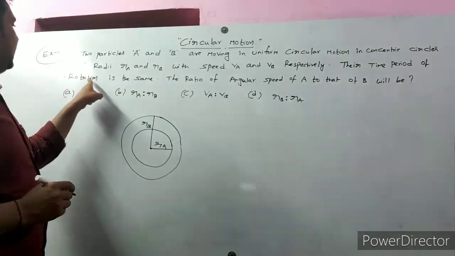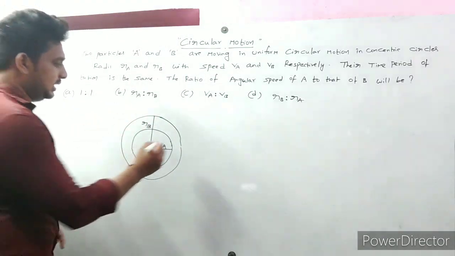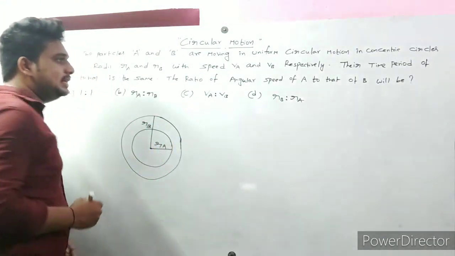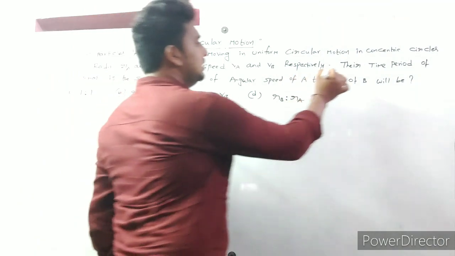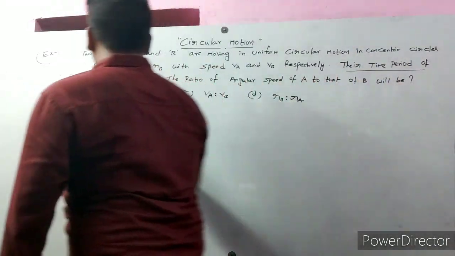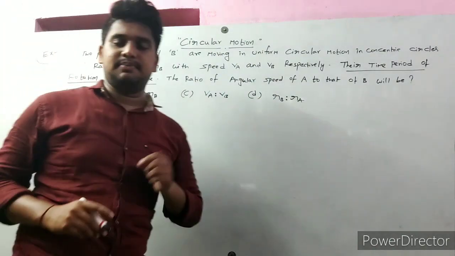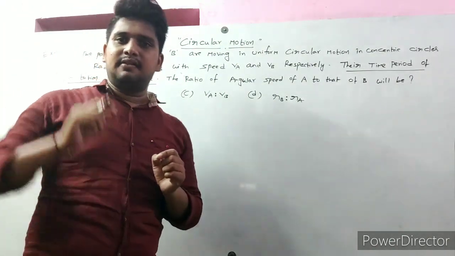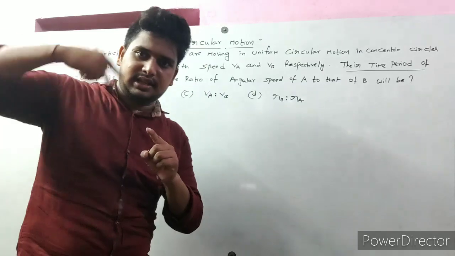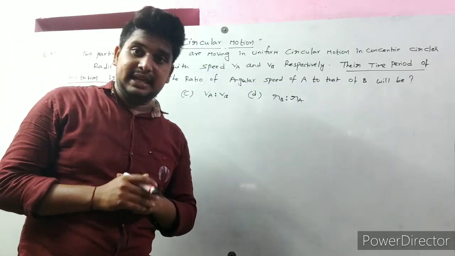And the time taken for the rotation of this circle is the same, as given. Observe carefully: their time period of rotation is the same. Let us consider the first particle covers a full circle in time period TA.